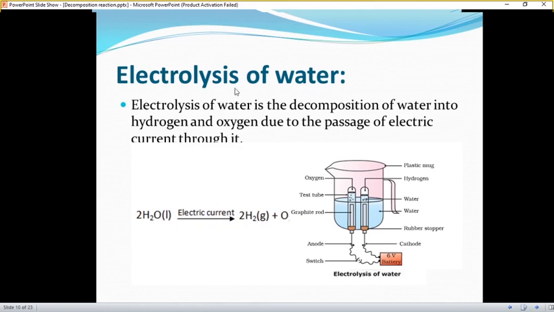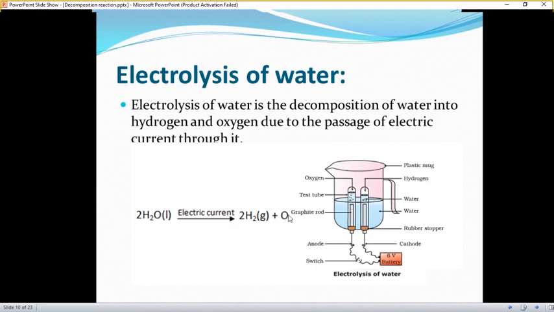Now the most common example of electrolytic decomposition is electrolysis of water. When acidified water is broken down into its constituents with the help of electric current, we have 2H2O breaking down into 2H2 and O2.